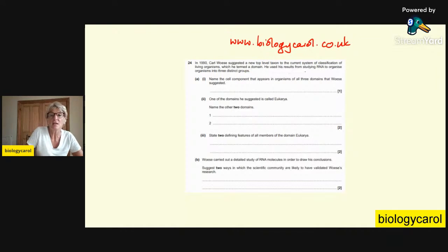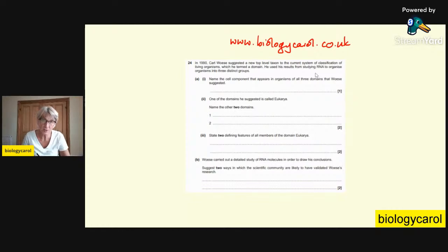He used his results from studying RNA to organise organisms into 3 distinct groups. Name a cell component that appears in organisms in all 3 domains that Woese suggested. So you've got to think of something that all organisms have. What component of the cell contains RNA in all organisms?